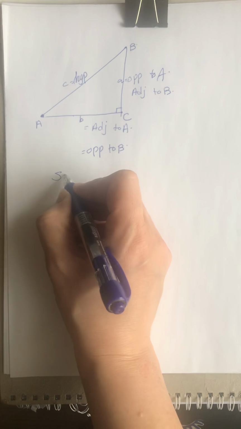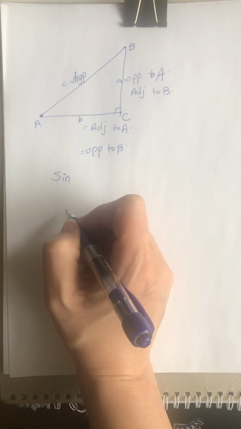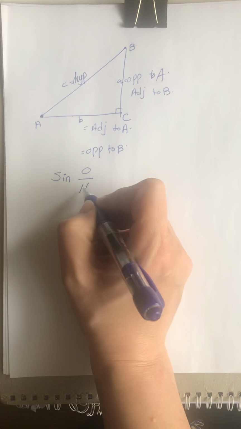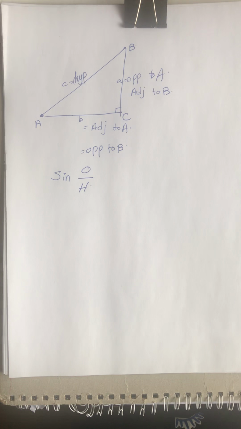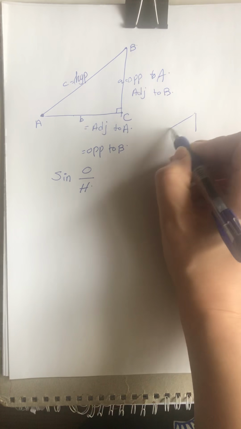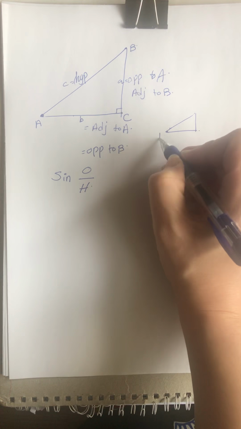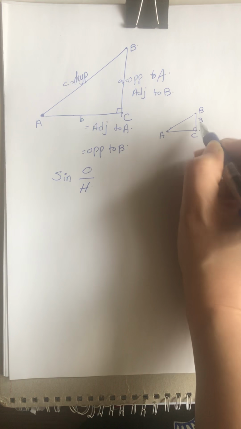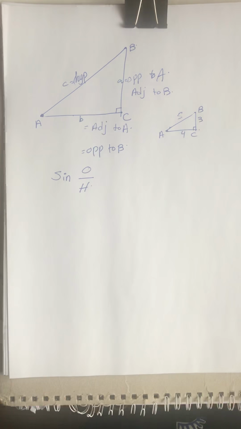One of them is called the sine, defined as opposite over hypotenuse. So, for example, if I have a right triangle, I have A here, I have C here, I have B here, this is 3, 4, and 5.